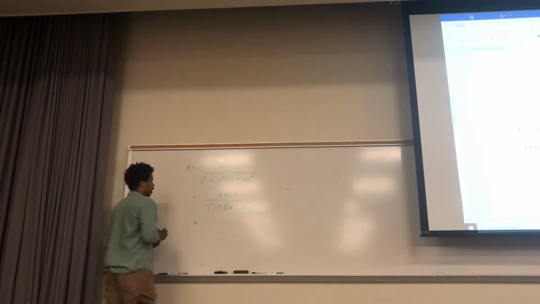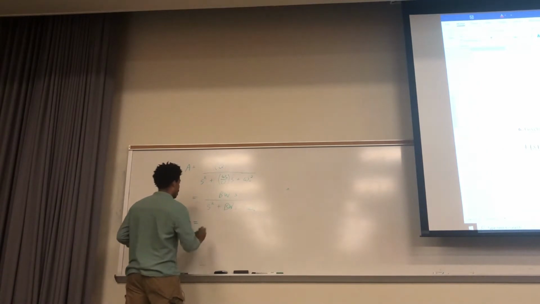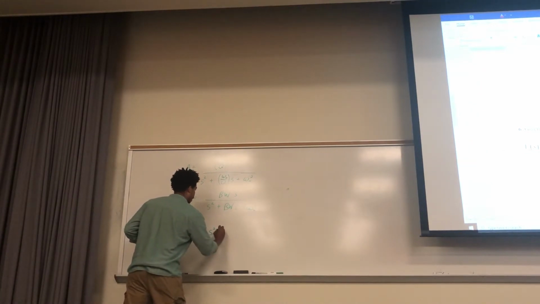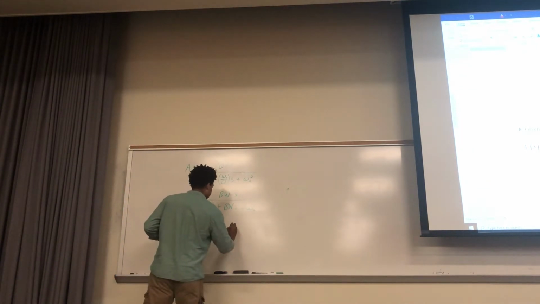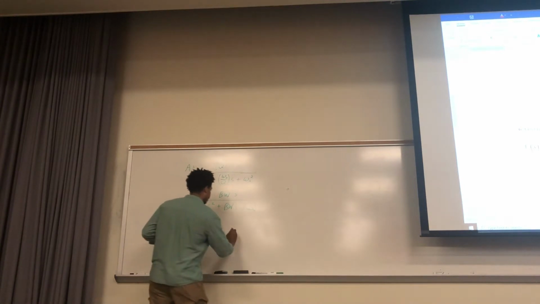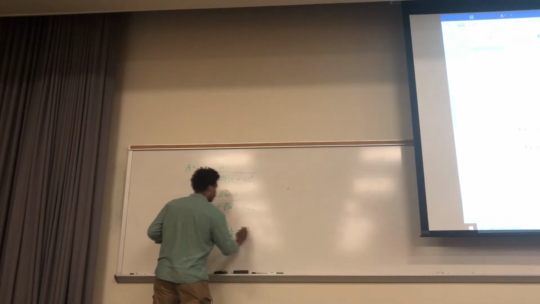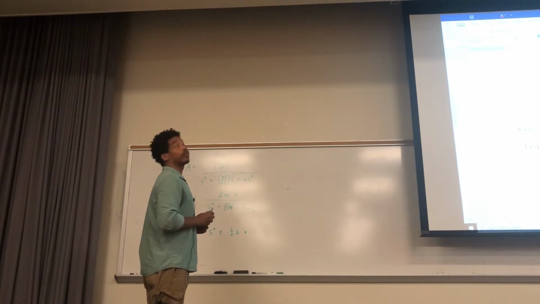Okay, so let's divide everything by 20. Divide top and bottom by 20, right? So that 10 is going to be 1/2. And that 500, 500 divided by 20, 25.